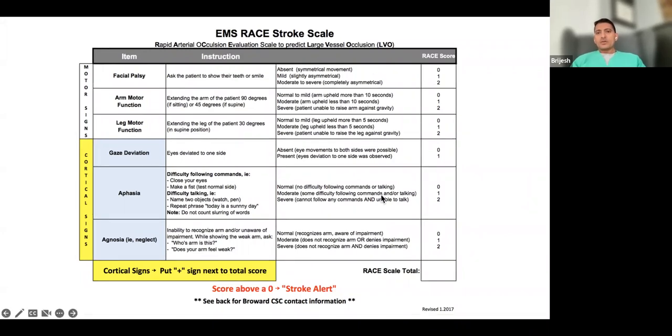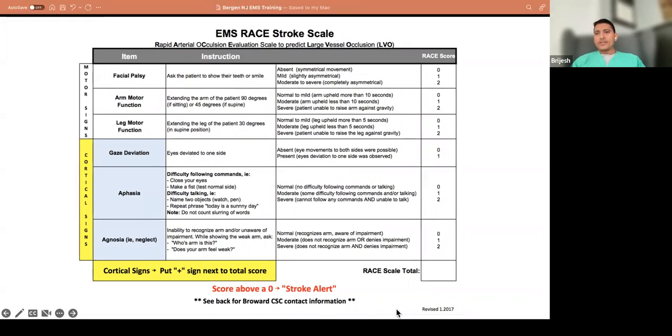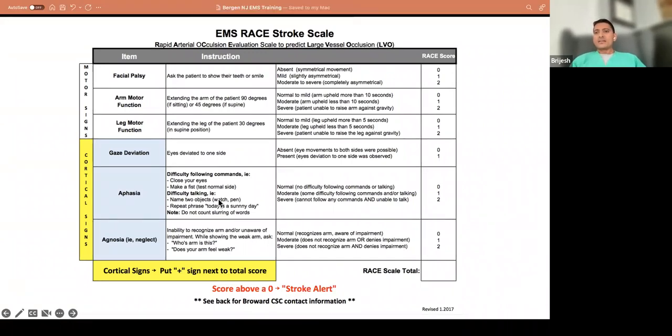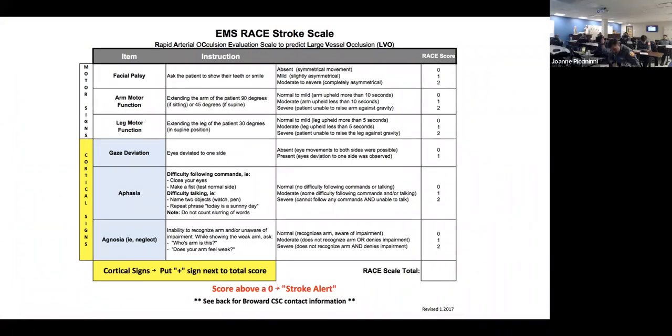Okay, so RACE is a total of 9 points. And if they have cortical signs, what we've instructed our paramedics here in South Florida is to put a plus sign next to the numerical score. And that means that when you're calling in a stroke alert to the receiving hospital, it immediately tips them off that they have a high level of suspicion for a large vessel occlusion, because cortical signs equal higher probability that it could be a large vessel occlusion.